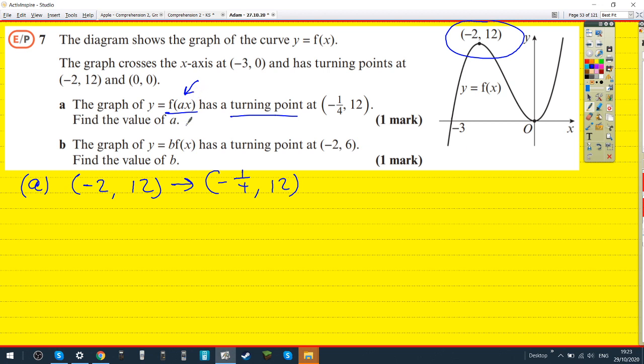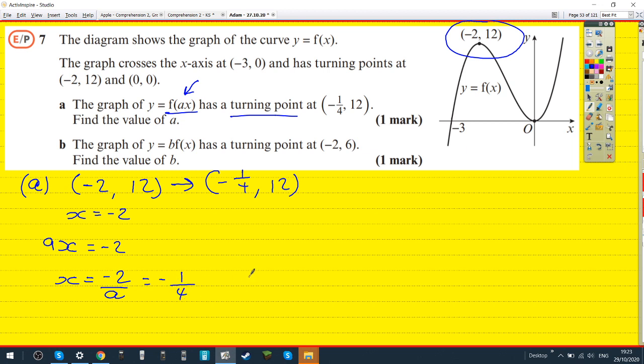So originally x equals minus 2. It becomes ax equals minus 2. And so what would x be equal to there? You divide by a. So it'd be minus 2 over a. And we know that that is equal to minus a quarter.